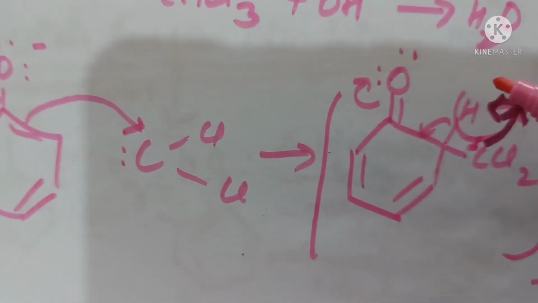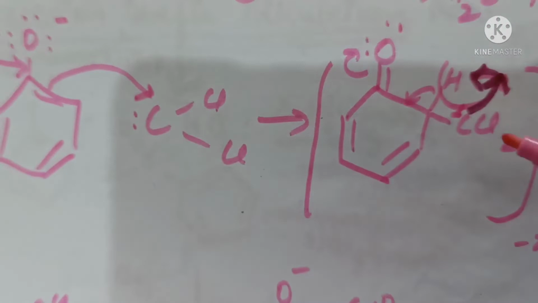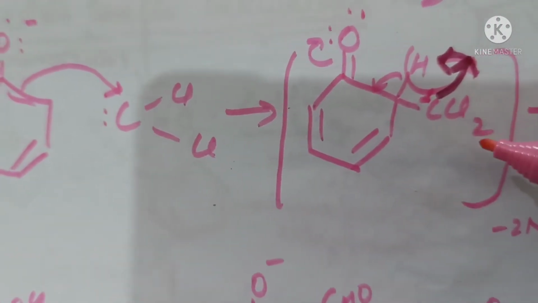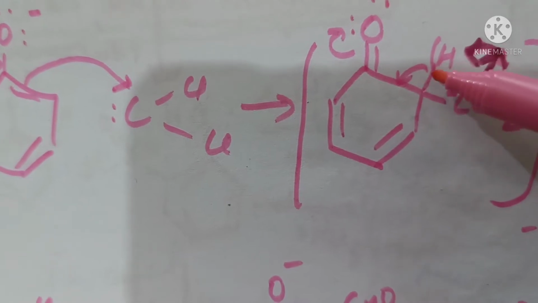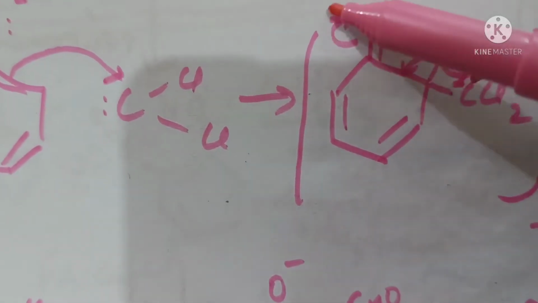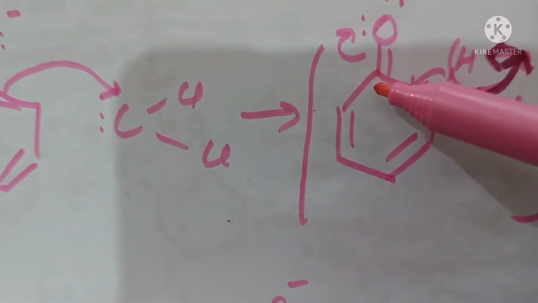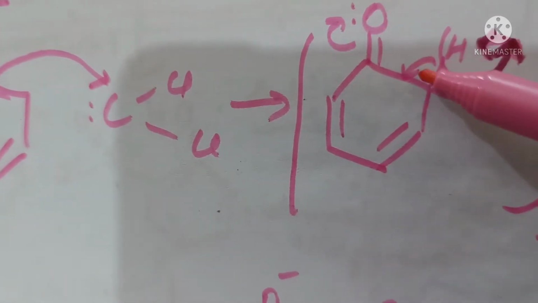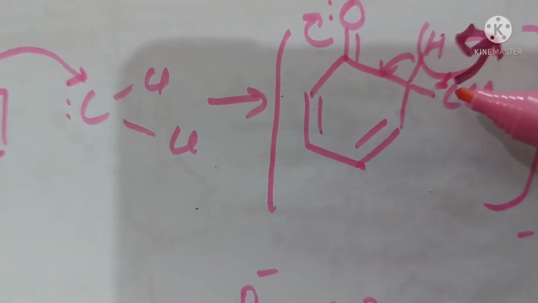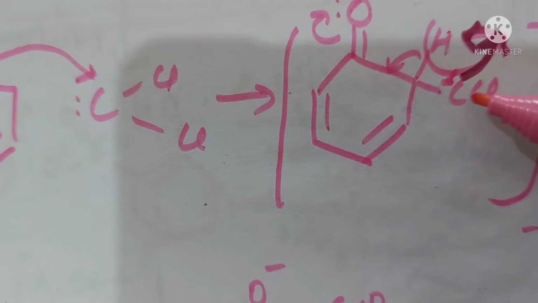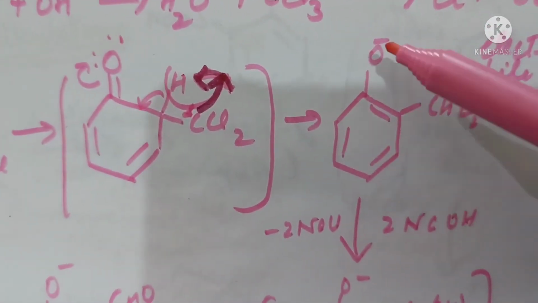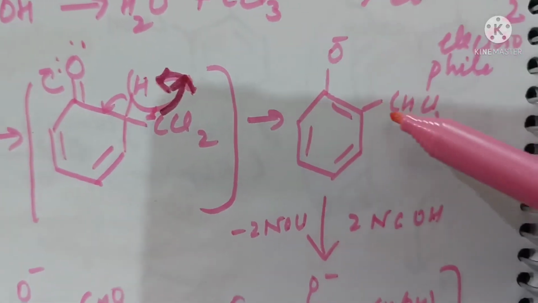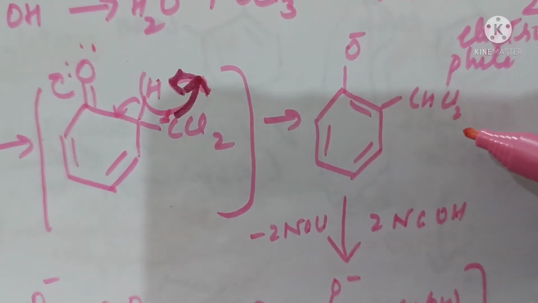As a result we get a double bond here and a CCl2 group attached over here. The electrons of the carbon-hydrogen bond move to this position and these electrons move back, so that a single bond here and a double bond here, and H is taken by these electrons in the dichlorocarbene. So the product is phenoxide ion on this side and CHCl2 over here.